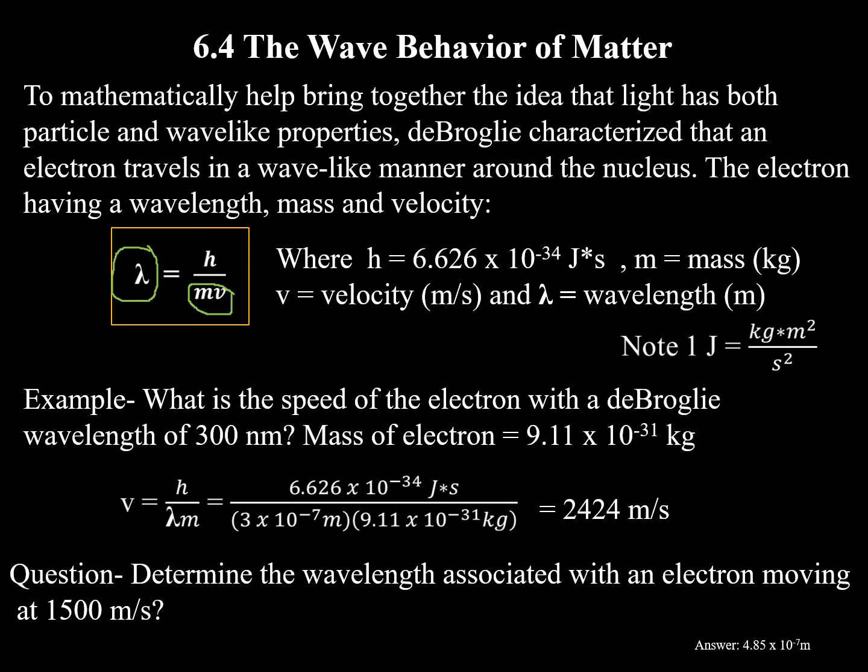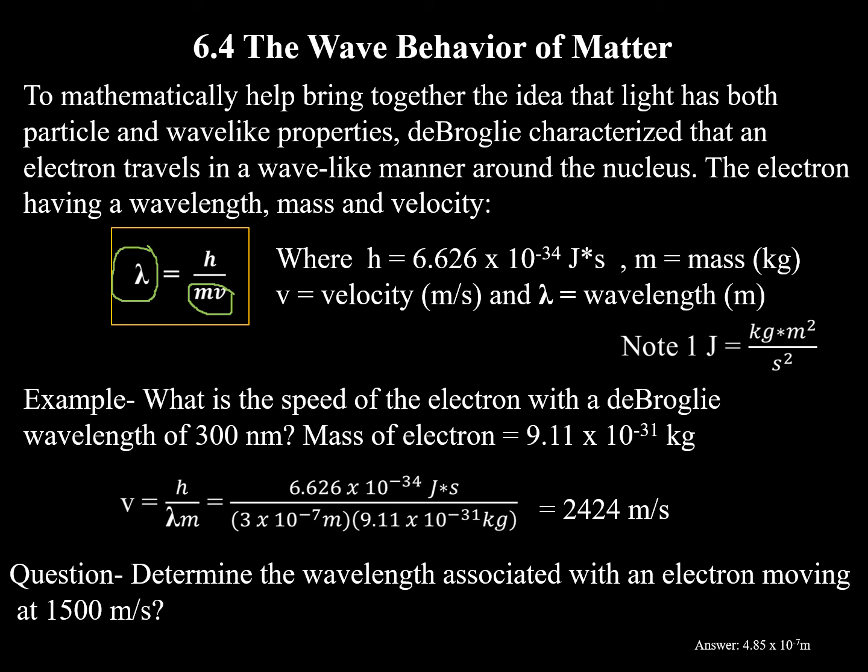So those are properties of matter combining with wavelength, which is a wave property. So this is the de Broglie equation, which is lambda equals Planck's constant divided by mass times speed. It's the speed of the particular particle of interest, not frequency.